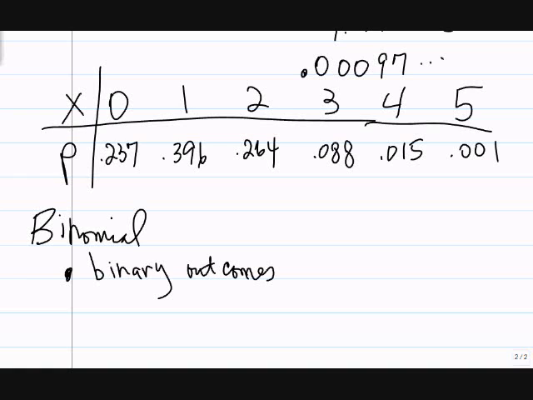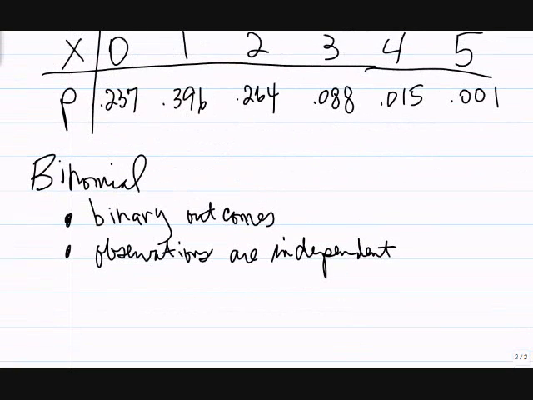If you have binary outcomes, and if your observations are independent. This independence is important. What you answered for problem number 1 didn't affect how you answered problem number 2, etc. And the person sitting next to you was not influencing your scores on your Swahili exam.